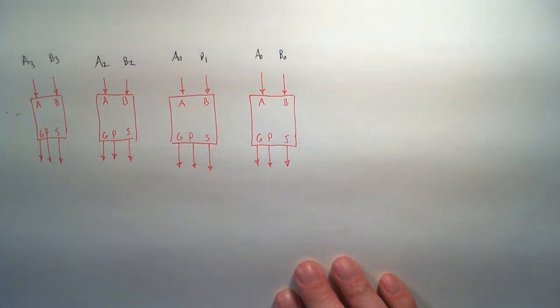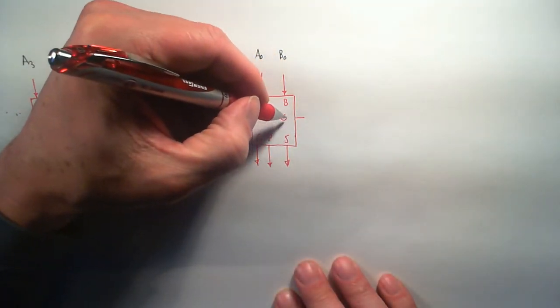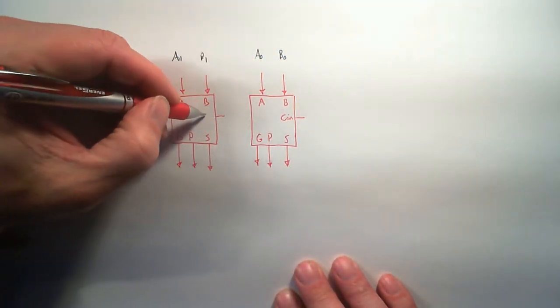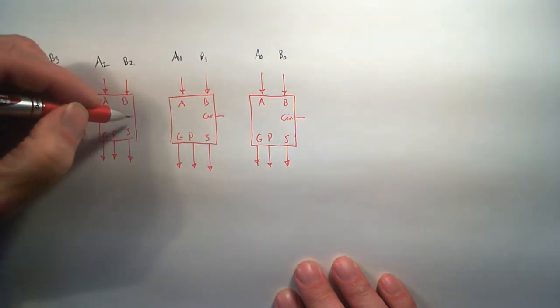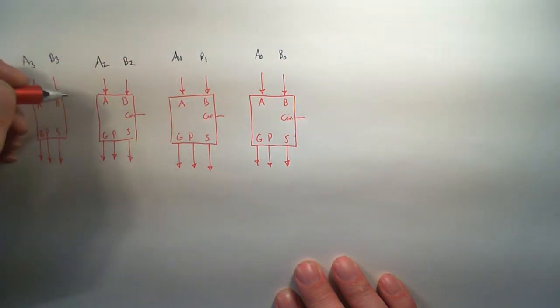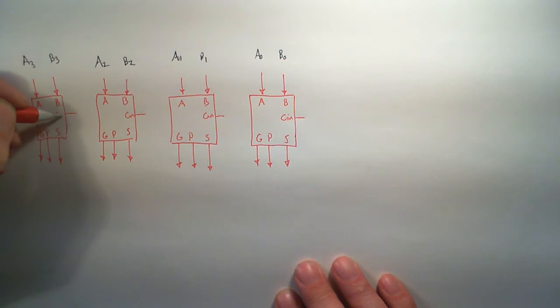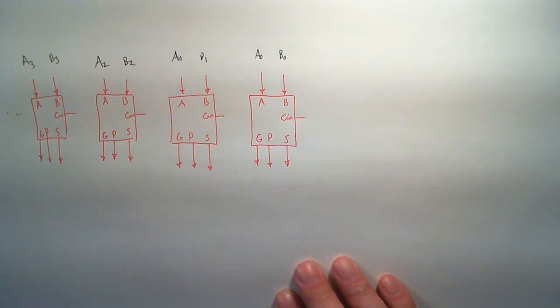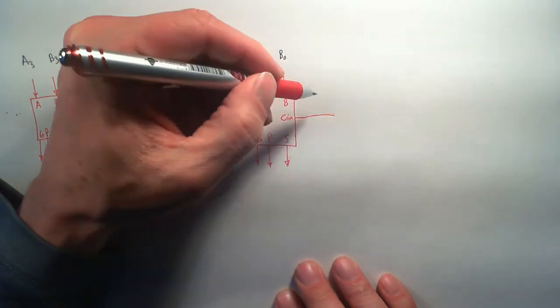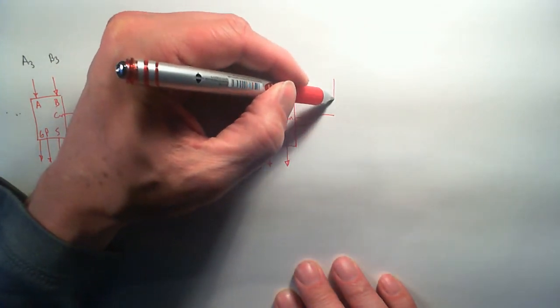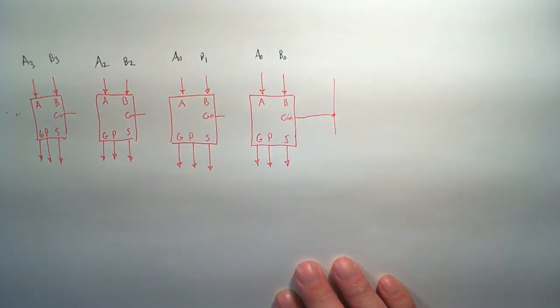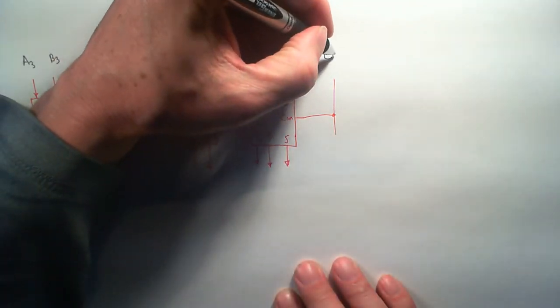Okay, let me show that each stage is also going to have a carry in because I need a carry in to each stage, but instead of a carry out, I have the propagate and generate signals. Into the 0th stage, I'm going to assume that this carry in comes from the outside world, and I'm just going to say carry in up here.